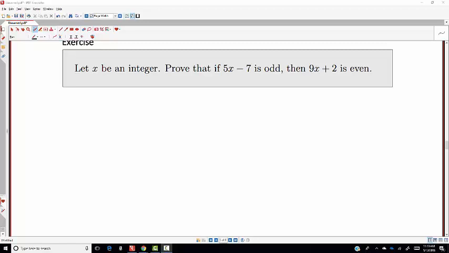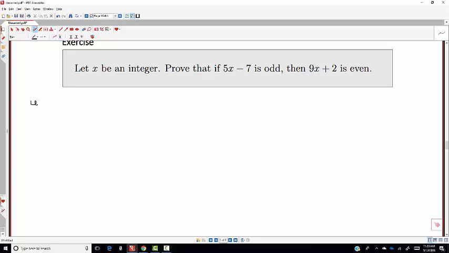So we'll need to proceed. We'll need a lemma, and if you go to some heuristics, you will find that whenever you try to construct an example such that 5x minus 7 is odd, you always need to select x to be even, right? So by doing a few examples, it becomes perhaps plausible that the following statement is true.